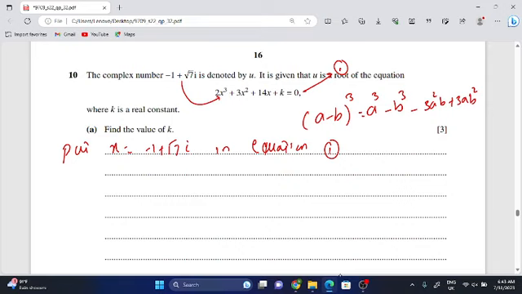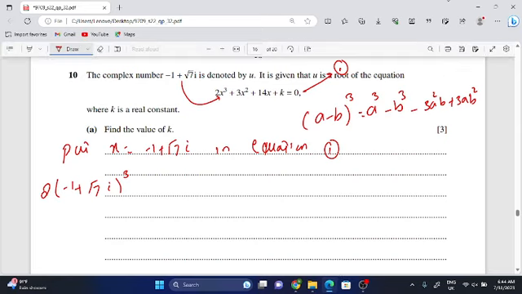So let's do it. 2 times (minus 1 plus square root 7 i) whole cube plus 2 times (minus 1 plus square root 7 i) whole square plus 14 times (minus 1 plus square root 7 i) plus k equals 0.